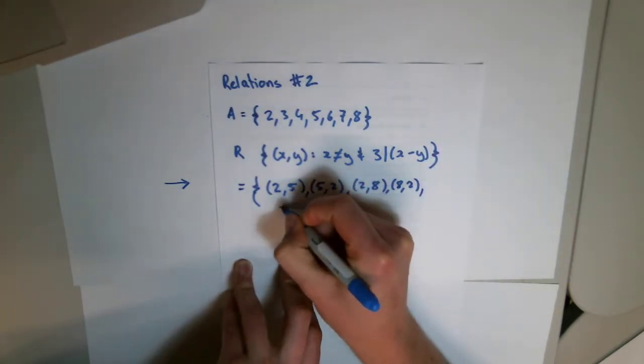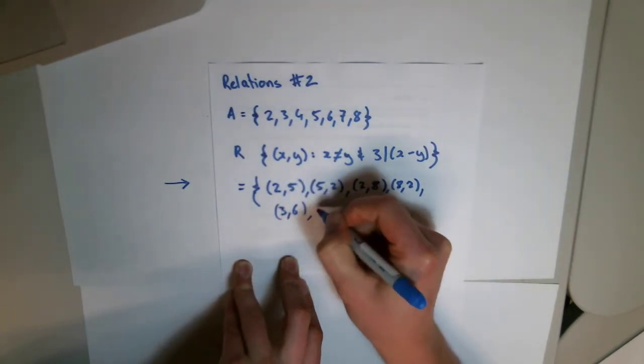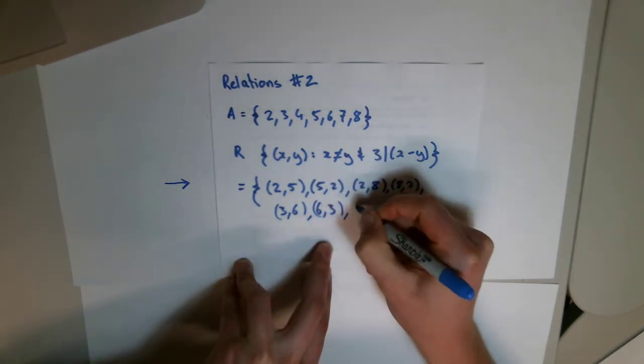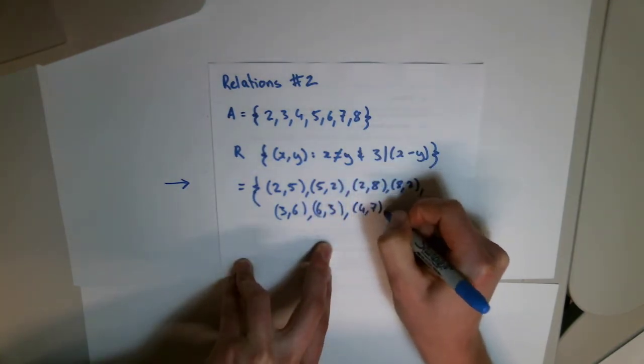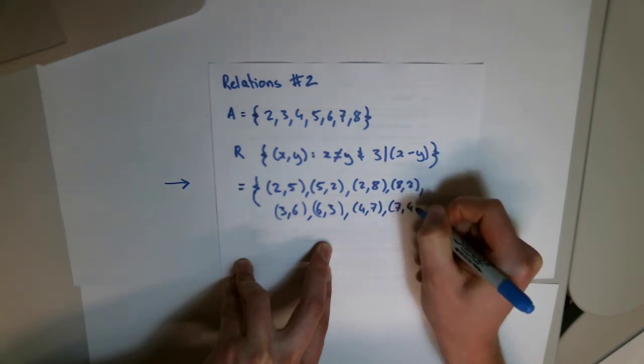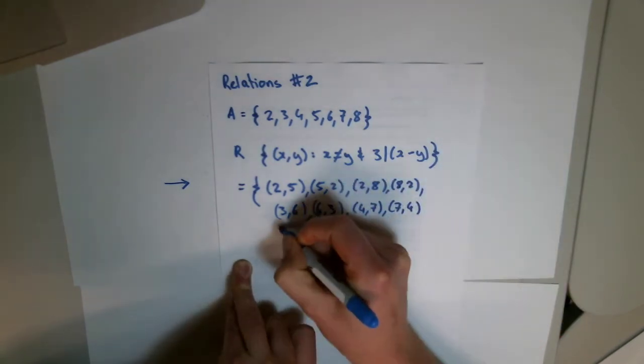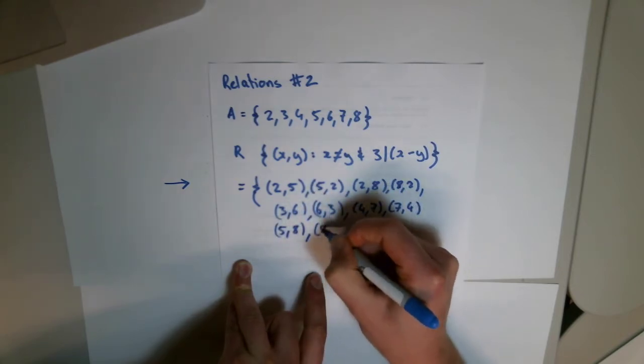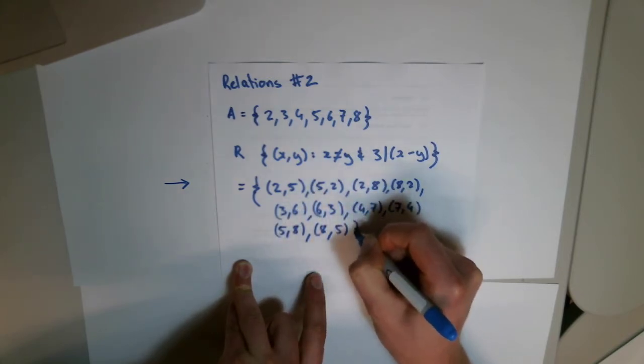Continuing on, 3 and 6, and 6 and 3. 4 and 7, 7 and 4. And 5 and 8, and 8 and 5.